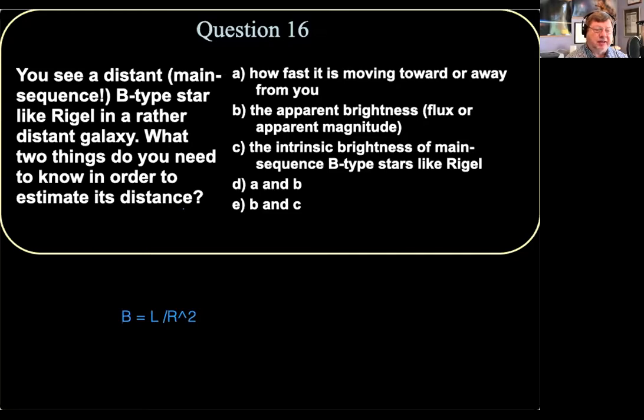So now you can see that the correct answer is E. You need to know both the apparent brightness and the intrinsic brightness. You need to know B and L. If you know B and L, then you can calculate what the distances are. Okay. So let's get rid of this, clear, and stop annotating.